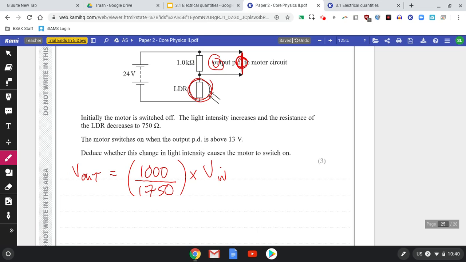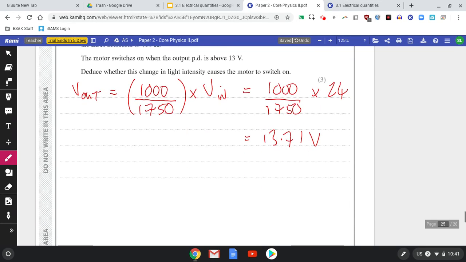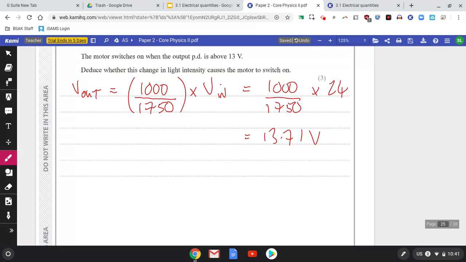The V in this case is 24. So that gives us an output voltage of 13.71 volts. You can't just leave it there. You have to say, yes, the motor will switch on because this value is greater than 13 volts.